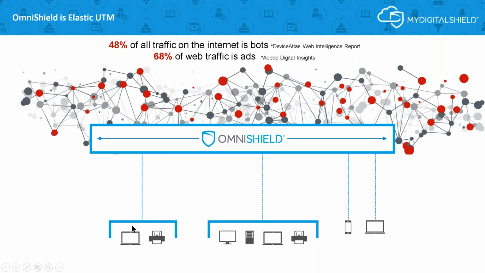Because you're blocking it only down here. Same thing with advertising. 68% of all web traffic, so when users are going somewhere, we're blocking all those ads way up here before they pollute the bandwidth down here. So all of this bandwidth we leave it for your users to use, and it's a lot cleaner bandwidth overall. So that's the power of OmniShield and being able to protect that up in the network.